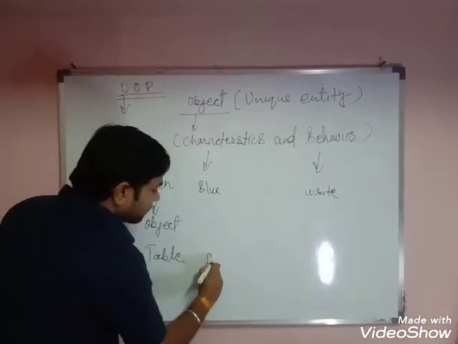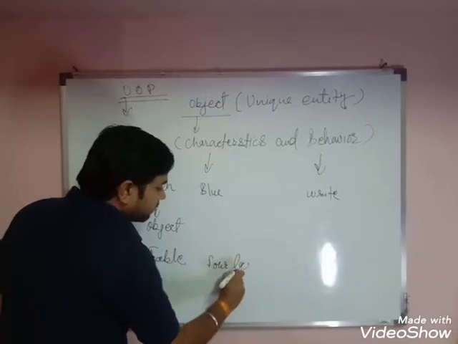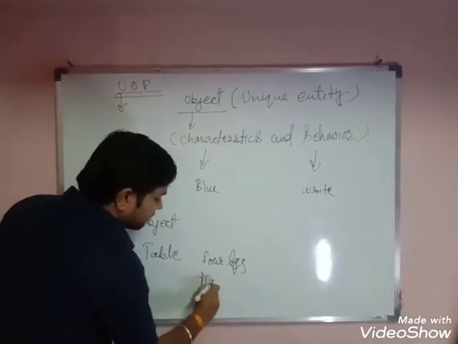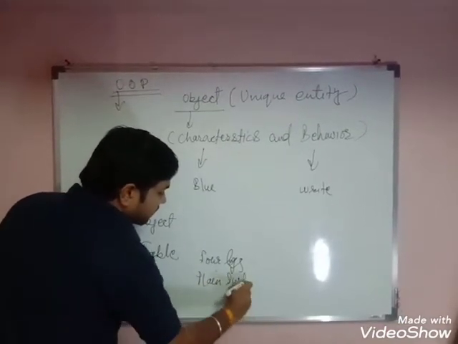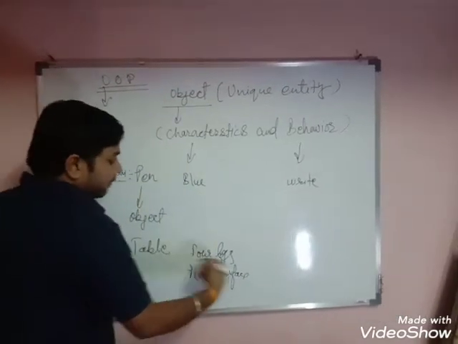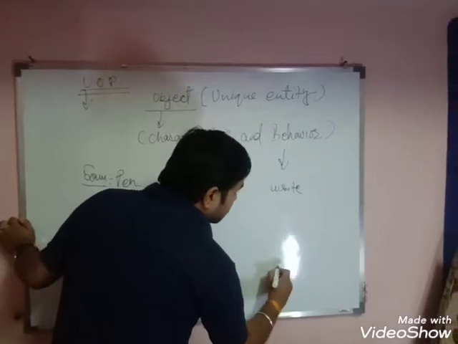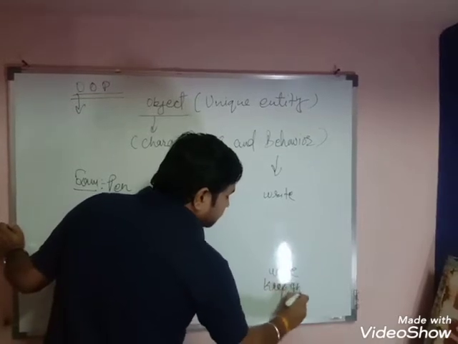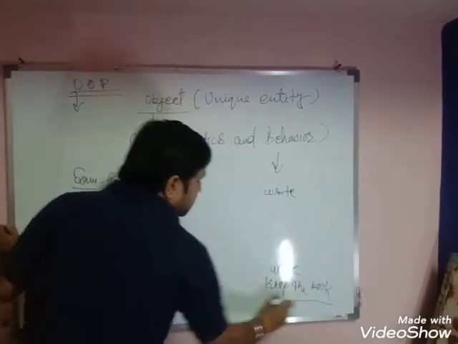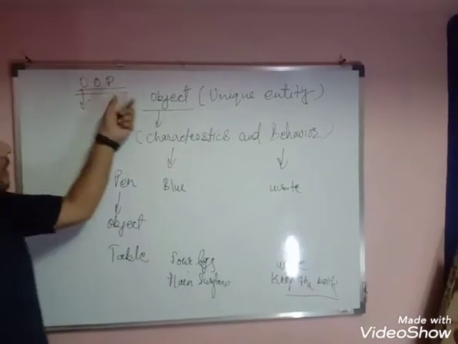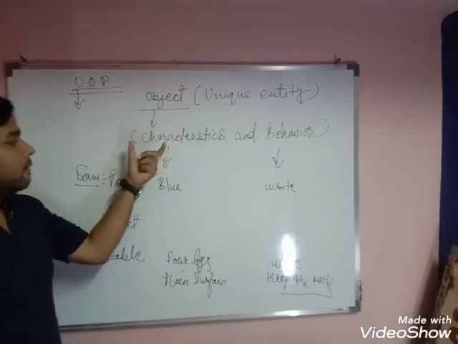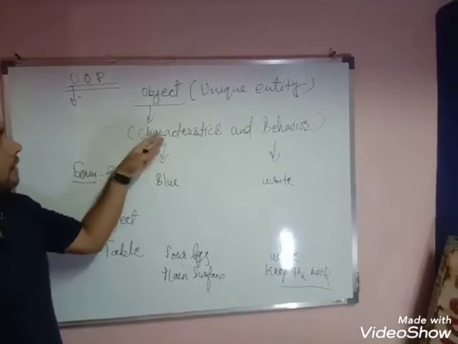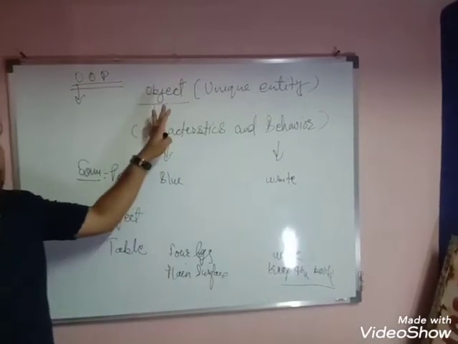It has 4 legs and a plain surface. These are the characteristics of the table. And the behavior of the table is that it is used to keep books. So these are called characteristics and behavior. Anything in the real world is an object, because everything has characteristics and behavior. You can take anything, and everything will have characteristics and behavior. So this is the object.